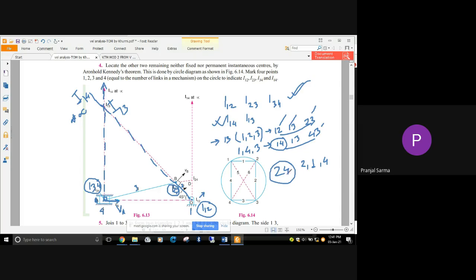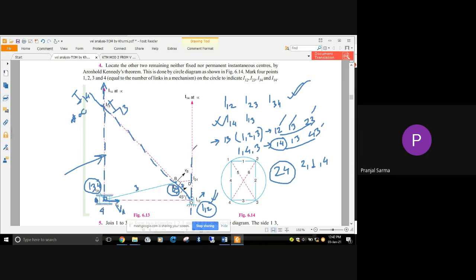Out of them, I21, or 12, is already located, same thing. I14 we also have, at infinity. This line shows the infinite length, so as it is infinity, I can shift it to this much also.